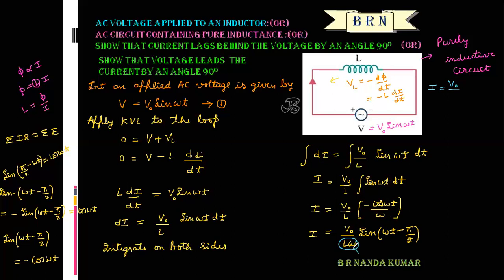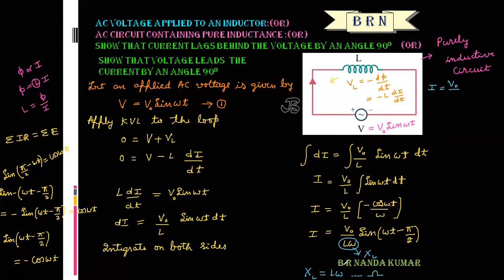So this L omega is actually called the inductive reactance. Inductive reactance means the effective opposition offered by the inductor to the flow of AC. So this is also measured in terms of ohm.